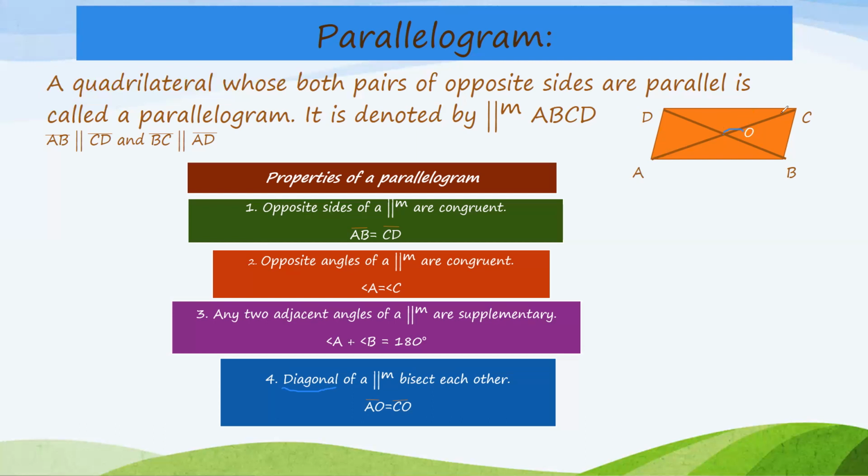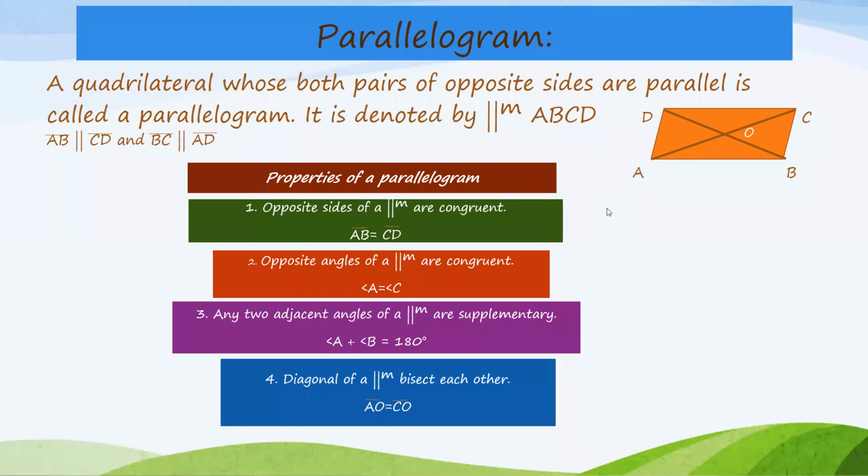These two diagonals intersect each other at point O, and we can see that this measurement OA and OC, they both are equal. That means that these two diagonals are bisecting each other. So we can say that the two diagonals bisect each other. Okay, so this is all about the properties of parallelogram.